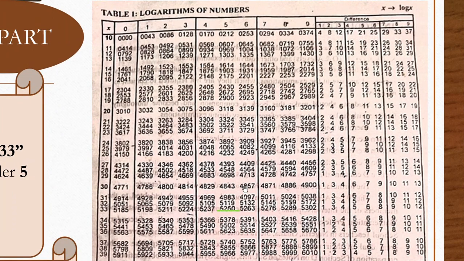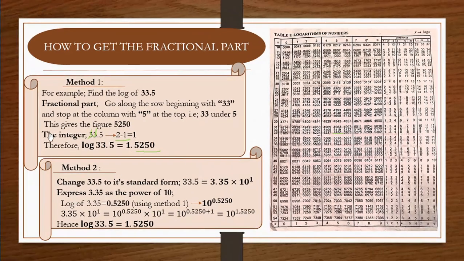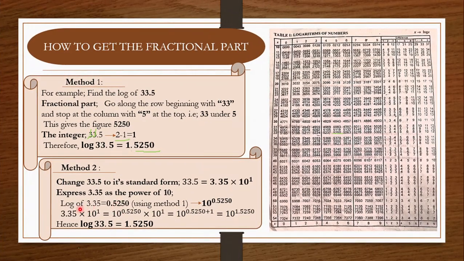Remember, your integer only deals with the number of digits on the left side of the decimal point, while your fractional part deals with all the digits in that particular question. Going there, we have log of 3.35 equals 0.5250.